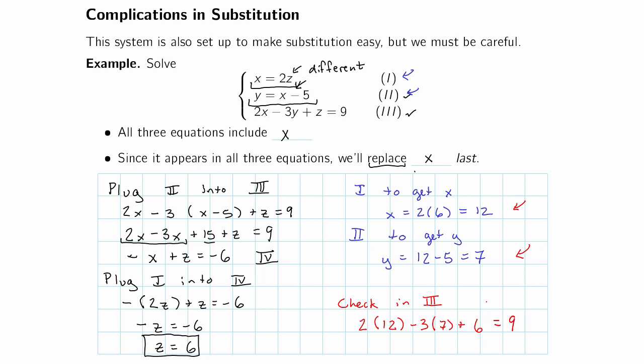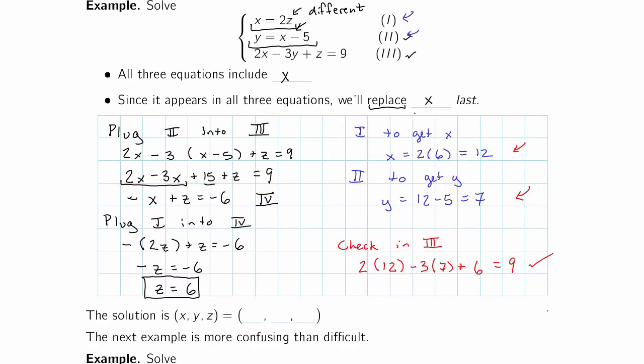Does that equal 9? Well, this will be 24 minus 21 is 3, plus 6 is 9. Yes. Again, you can just plug that in on your calculator if you'd like. Our solution then is x is 12, y is 7, and z is 6.